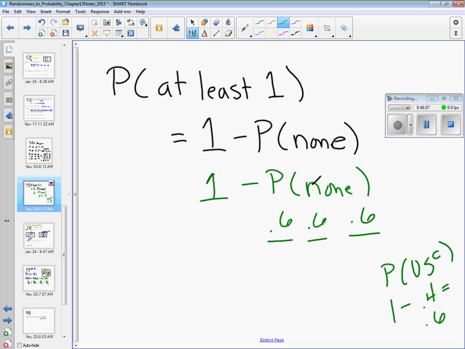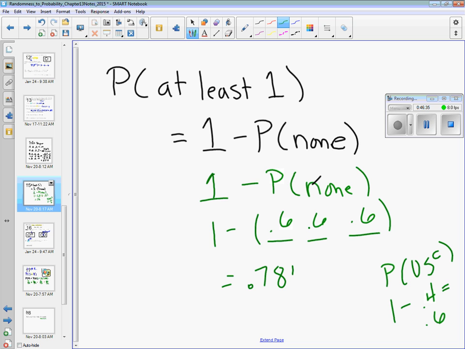And wasn't that the one that was missing from our sample space that we did? And we're just subtracting that from 1. So what is that? Cindy, you're a calculator girl today. 0.6 times 0.6 times 0.6, and then just subtract it from 1. If you do it all in the calculator, just make sure that you do your multiplication first. 0.784. Perfect.